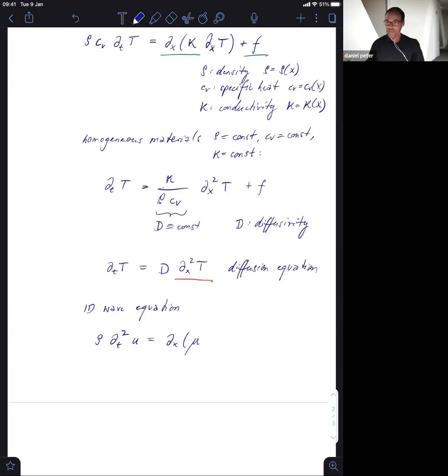So yes, we look at the shear wave. And then comes again this derivative of, oh, now we have mu and u. You see, sometimes, just to avoid confusion between mu and u, we just use S for displacement. Plus F, the source.